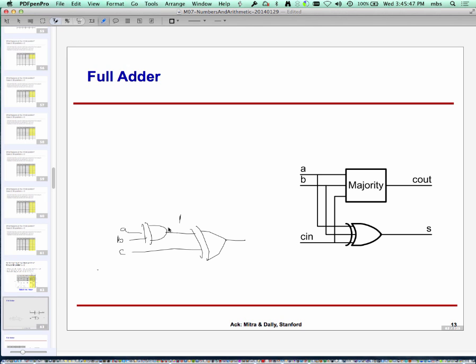So if you think about it intuitively, you would see that this stuff is equal to this 3-input XOR gate. So a 3-input XOR gate is two 2-input XOR gates in series.